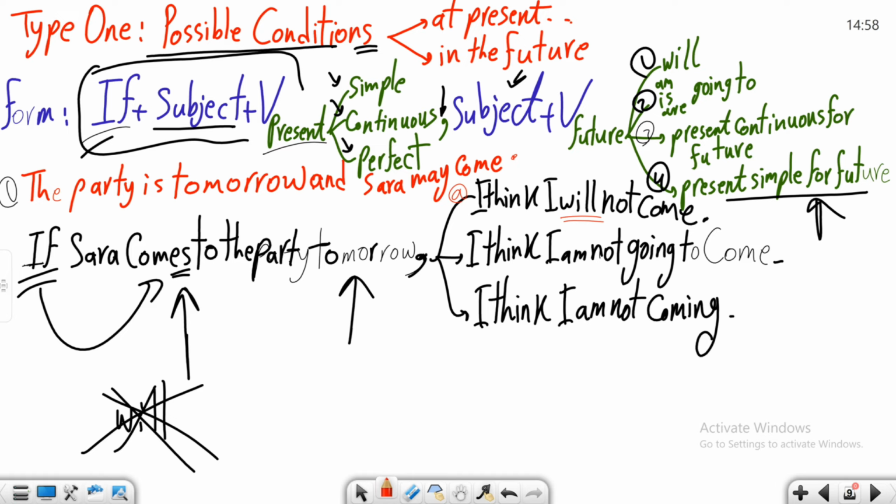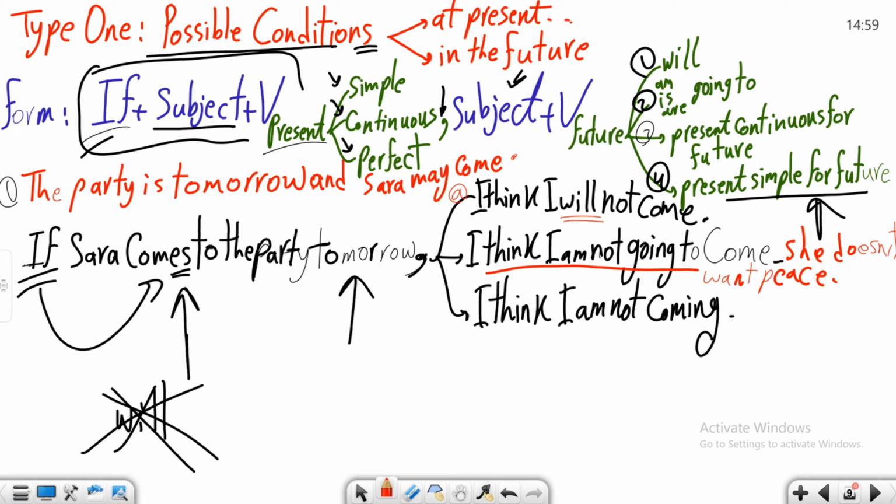The second possible way to say the sentence is, if Sarah comes to the party tomorrow, I think I'm not going to come. She doesn't want peace. She wants war. For example, here, when I use I'm going to, I am telling you that there is a plan.